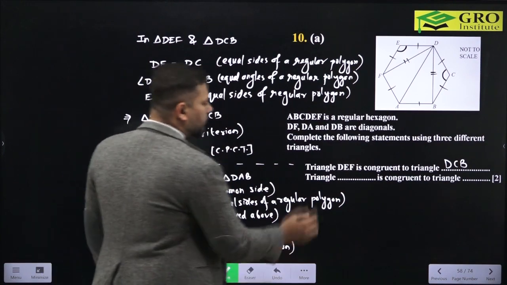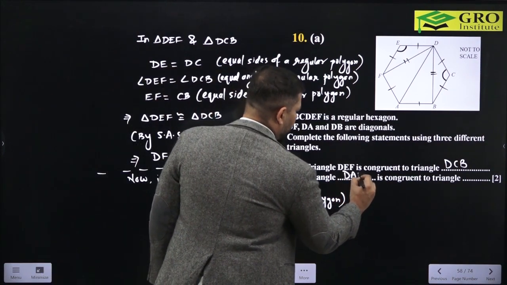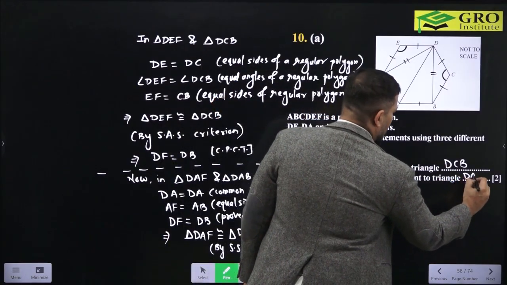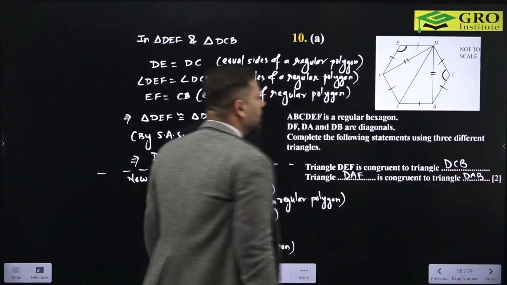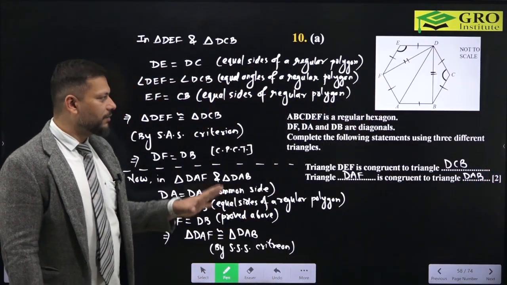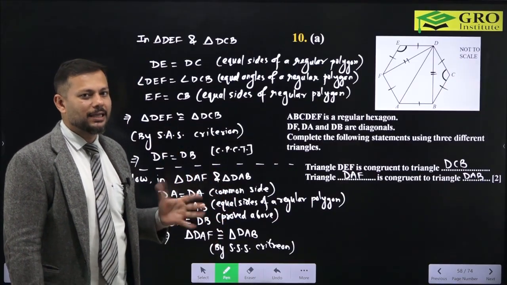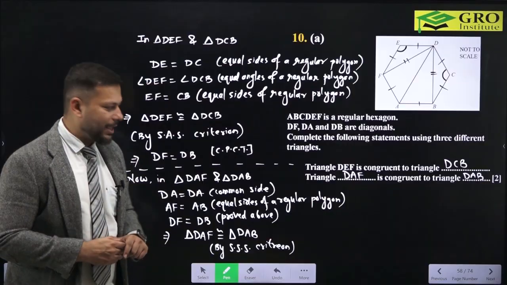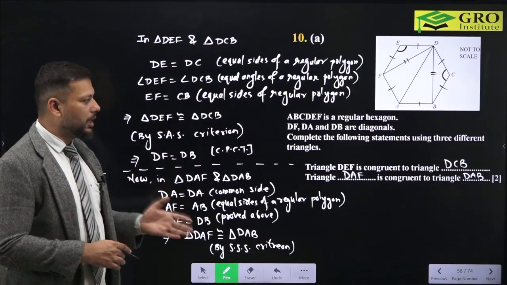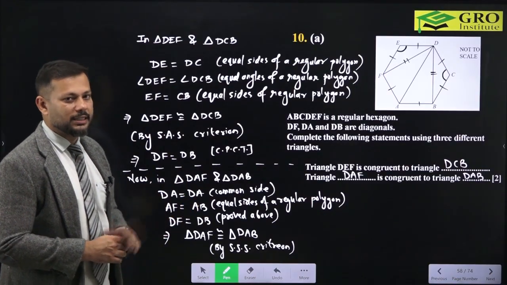Right? So the answer for this would be triangle DAF is congruent to triangle DAB. Right, guys, this is the answer for this question. This was an interesting one. We have used the concept of the regular polygons as well as the concept of the congruency of triangles. Note it down for reference. This solution is very important to get to the answer, and we should always mention the relevant steps.